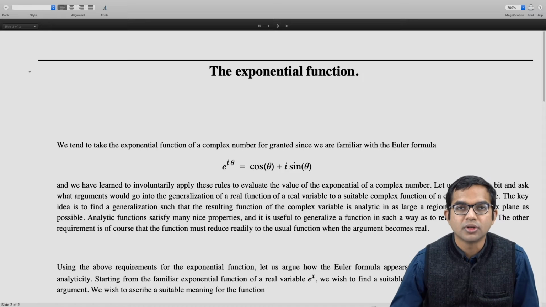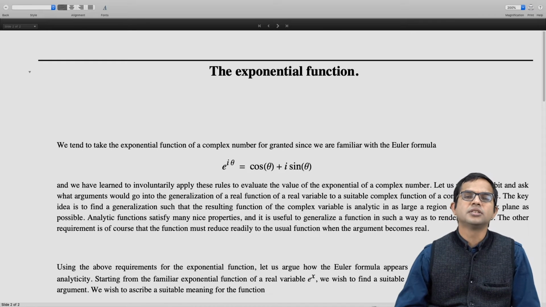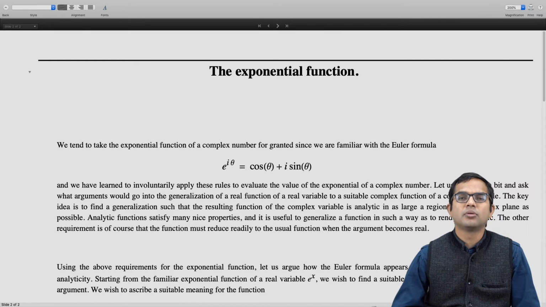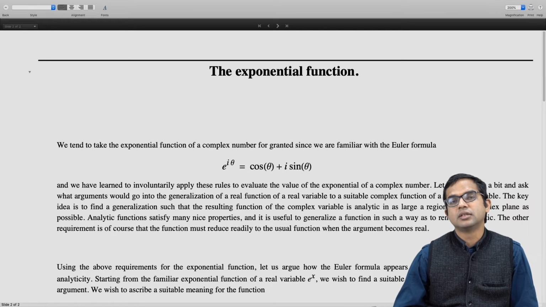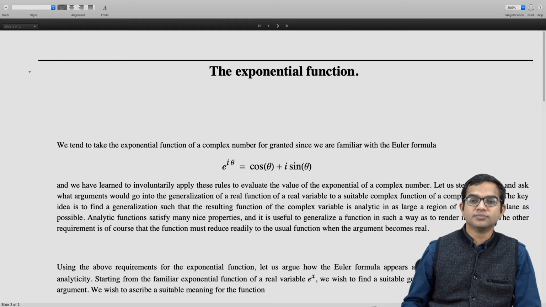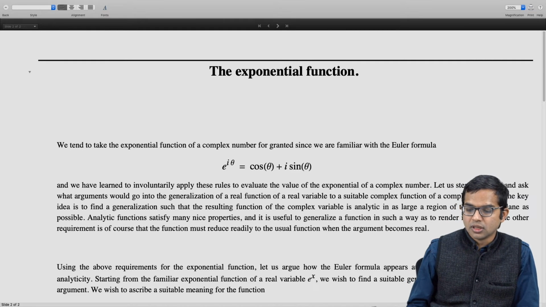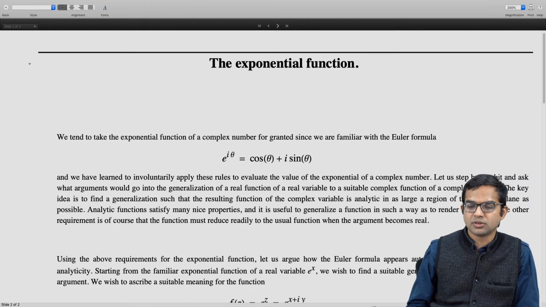Otherwise, you wouldn't even call it a valid generalization. But also, we would include the condition that the generalized function is analytic in as large a region as possible. So let's see how, if we try to do this with the exponential function, we can get another alternate way of justifying this Euler formula.